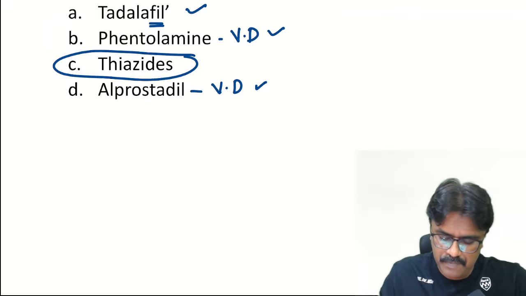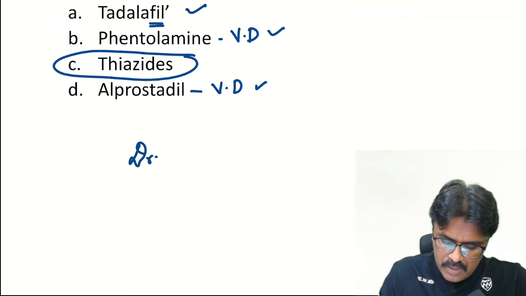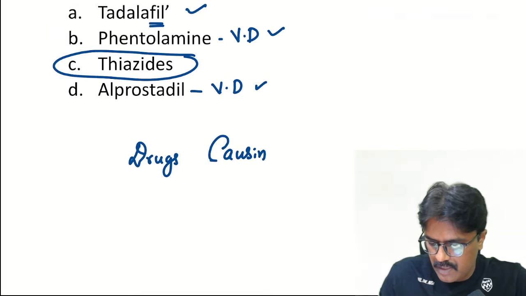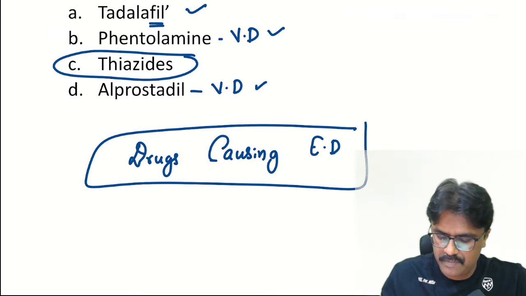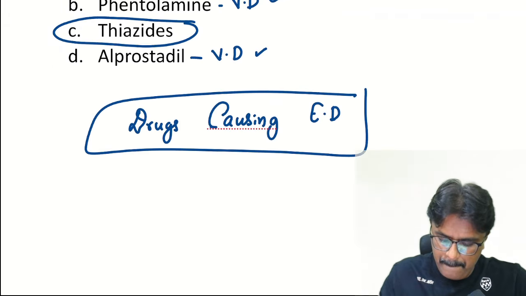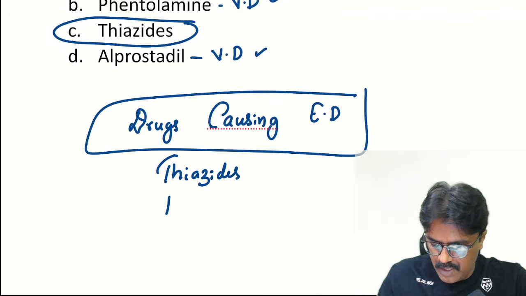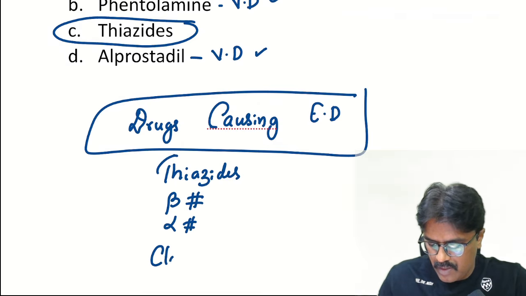So tell me, what drugs cause erectile dysfunction? Drugs causing erectile dysfunction, particularly the antihypertensive drugs. They are thiazides, beta blocker, alpha blocker, clonidine.